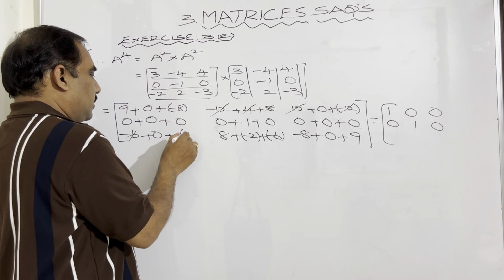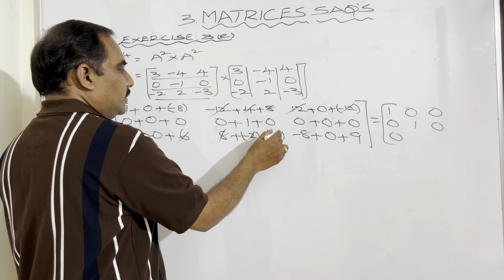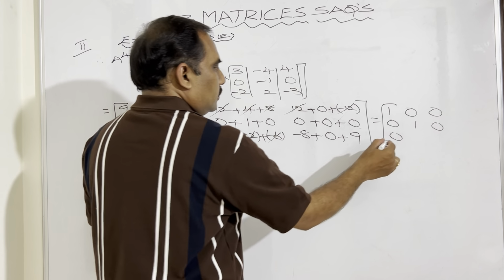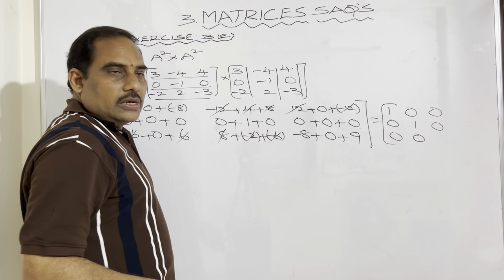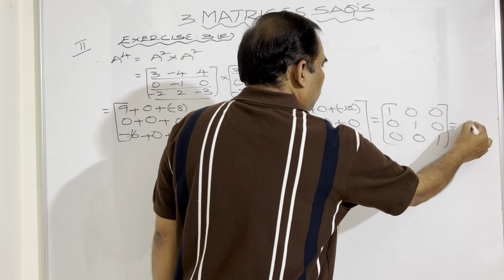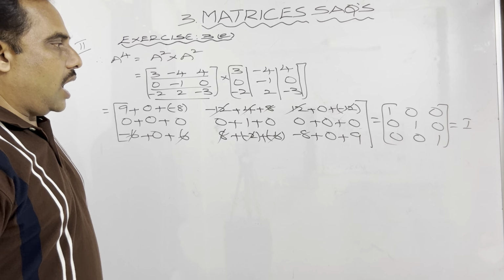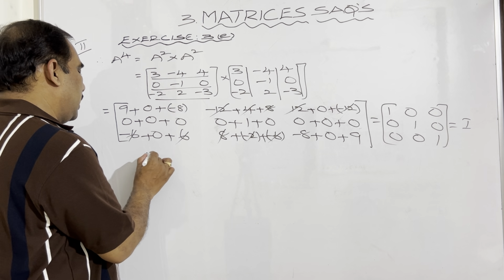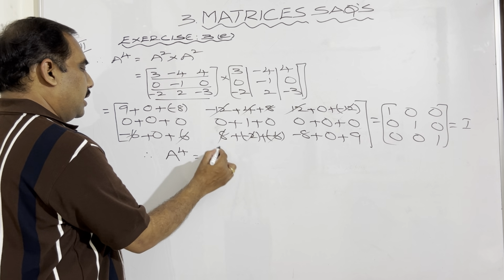So now plus 6 minus 6 gets cancelled, this is 0, and plus 8 minus 8 here. So these two also get cancelled, that is 0, and minus 8 plus 9, that is 1. See what we get here, A power 4 is equal to the unit matrix of order 3, that is I. So now we get A power 4 is equal to I here.